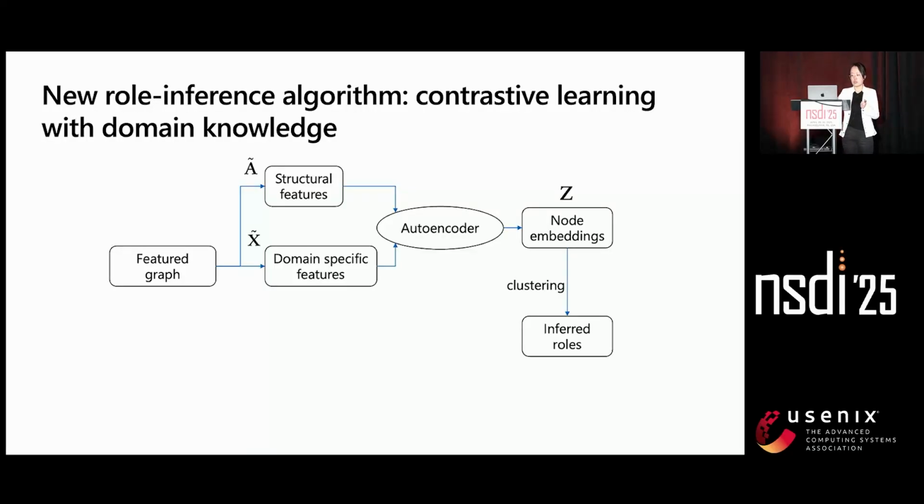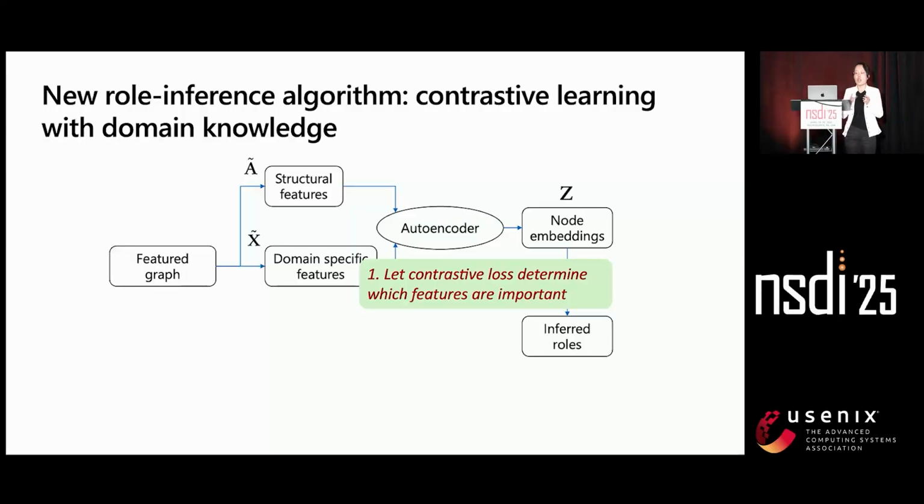First, we put all the domain-specific features that we have in the cloud resource graph into the autoencoder for node embedding. But notice that we're not trying to manually pick any important features.